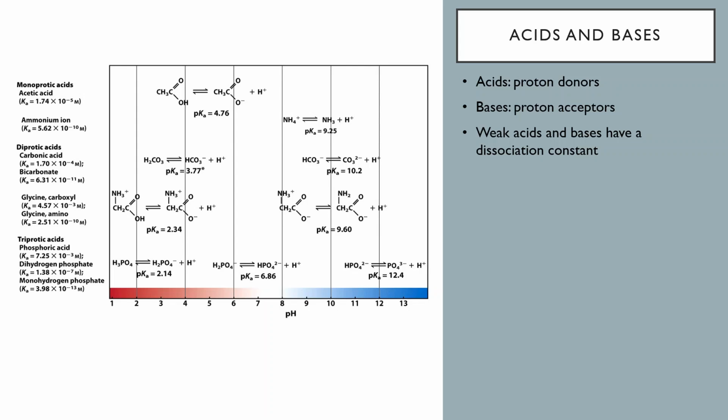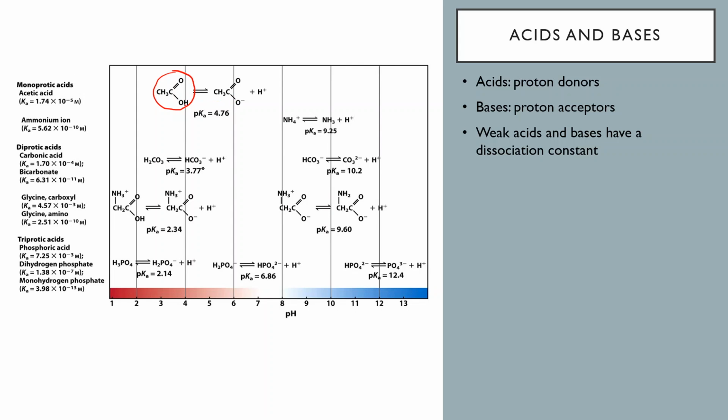For example, this is acetic acid here, which in water dissociates into acetate, this is acetate, and a proton. Typically, some of the acetic acid will remain as acetic acid, and only some of it will dissociate.